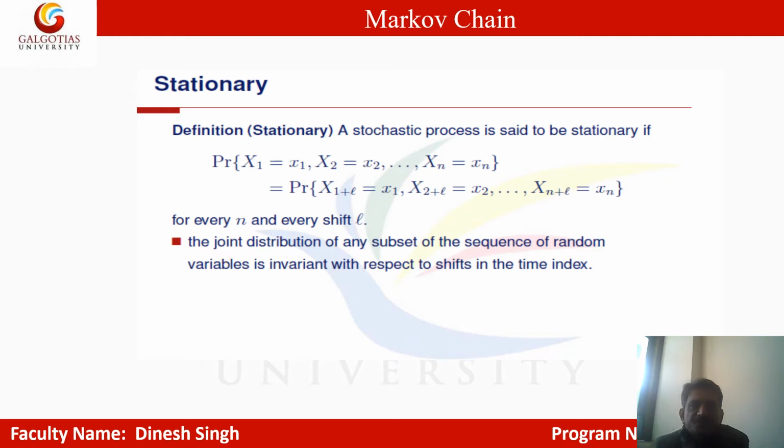The joint distribution of any subset of the sequence of random variables is invariant with respect to shift in the time axis. It means the sequence will remain the same for a time shift.